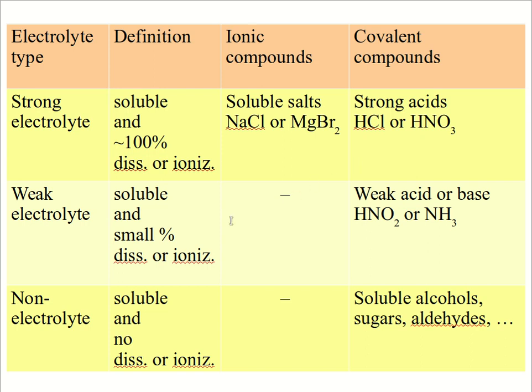Right. Weak electrolytes, ionic compounds, how can they? I can't do that with an ionic compound. It exists as ions, and if it goes into solution, it will go as 100% ions into solution. It can't go as 5% and remain 95% undissociated. That doesn't happen. It cannot happen by definition of what an ionic compound is.